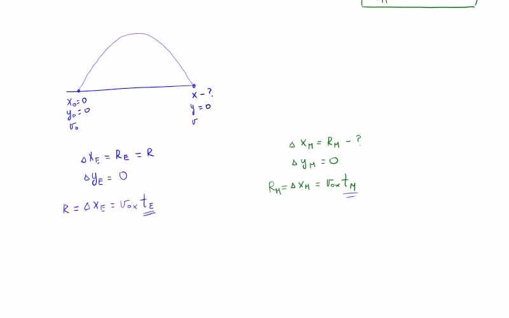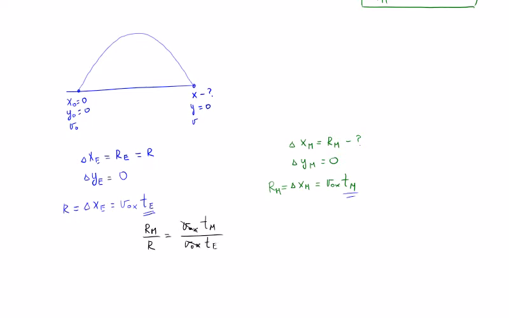Once we find it, what we could do, we could divide the range on the moon over range on the earth, that equals v naught x times t on the moon over v naught x times time on the earth.